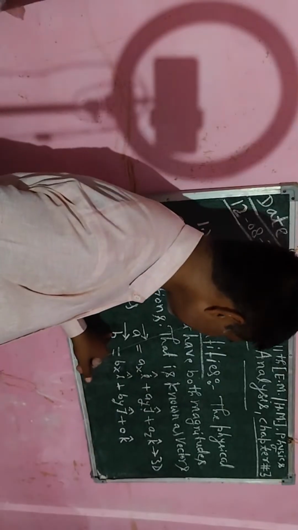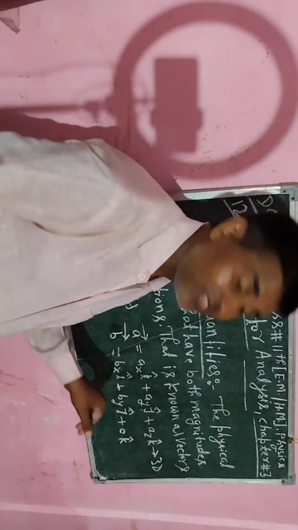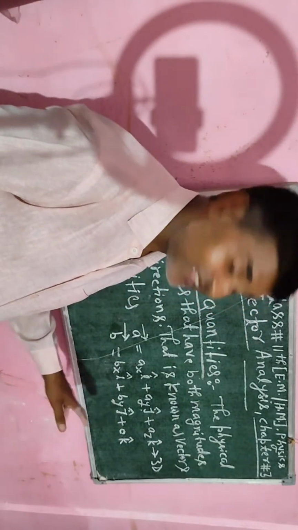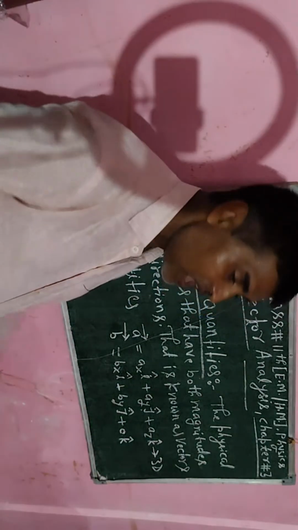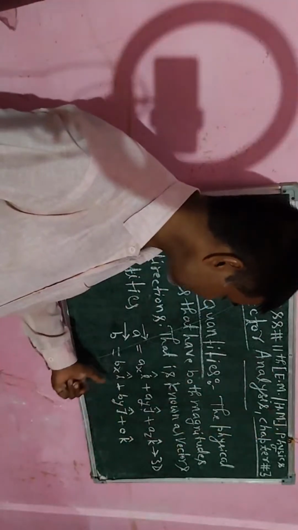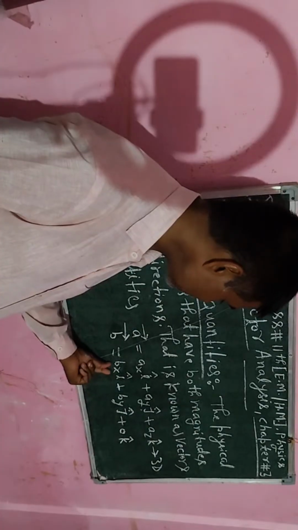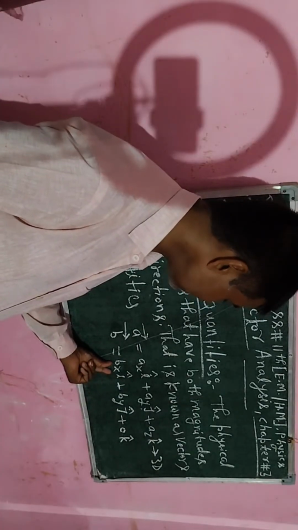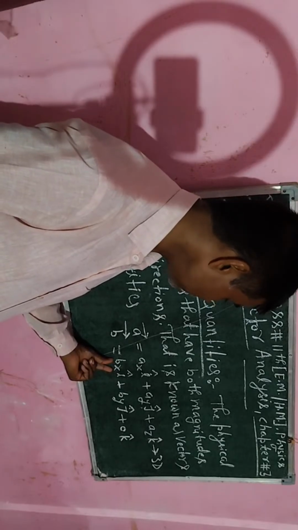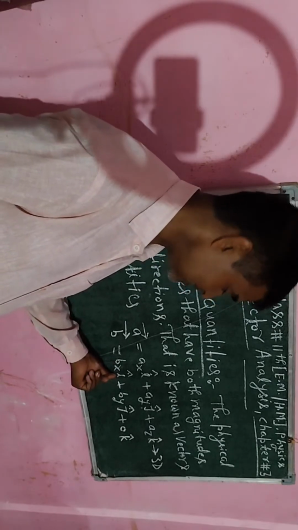It means that this is also a vector, and this vector is also representing three directions. One is the x-axis, another is the y-axis, and next is the z-axis. Along the x-axis the coefficient of i is bx, and this is the magnitude along the x-axis.